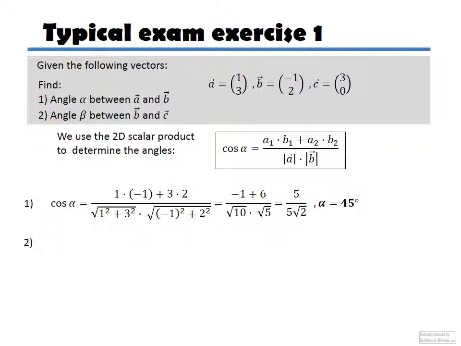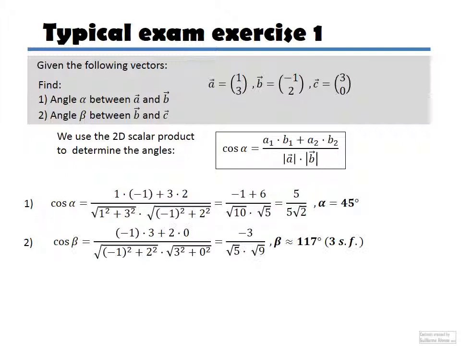And down here, the modulus of A, which is the square root of 1 squared plus 3 squared, multiplied by the modulus of B, which is the square root of minus 1 squared plus 2 squared. So I end up with 5 divided by 5 square root of 2, which means the angle they form is 45 degrees. I do the same thing with B and C, and I get that it's approximately 117 degrees, rounded to three significant figures.